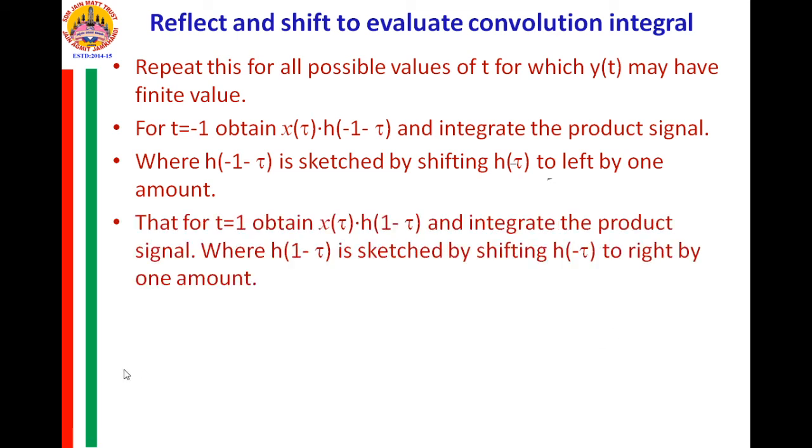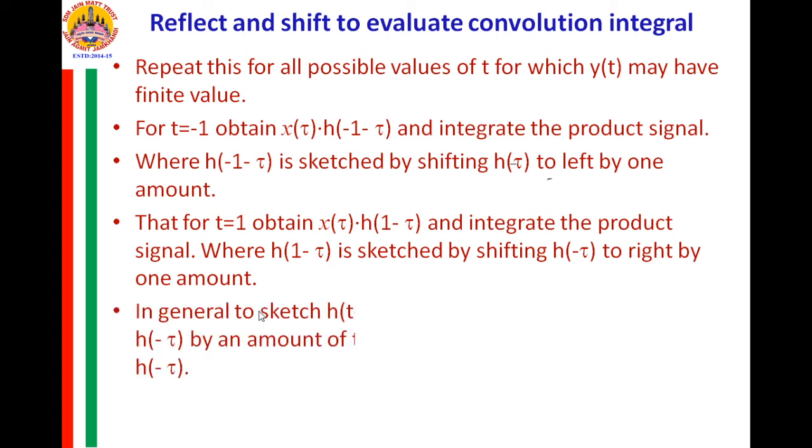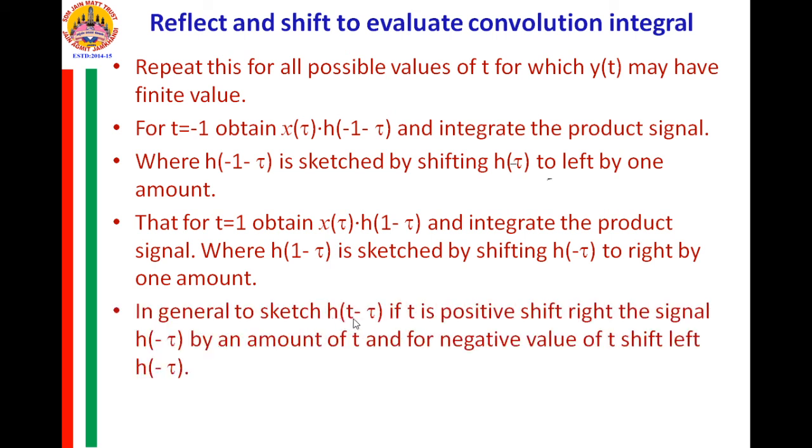And for t is equal to 1, we need to obtain the product x of tau into h of 1 minus tau and integrate the product signal, where h of 1 minus tau can be obtained by shifting h of minus tau to the right by one amount. In this way, in general, if you want to obtain h of t minus tau, if t is positive, we have to shift the signal h of minus tau right by an amount of t, and for negative values of t, we have to shift h of minus tau left.